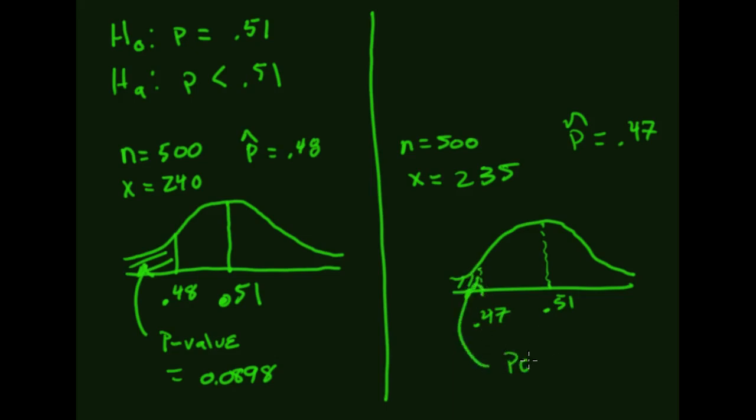My p-value is now 0.0368. So I've dropped from an 8% chance of getting a sample of 48% or smaller down to a 3.6% chance. I'm getting worse, right? My confidence in this is getting worse.